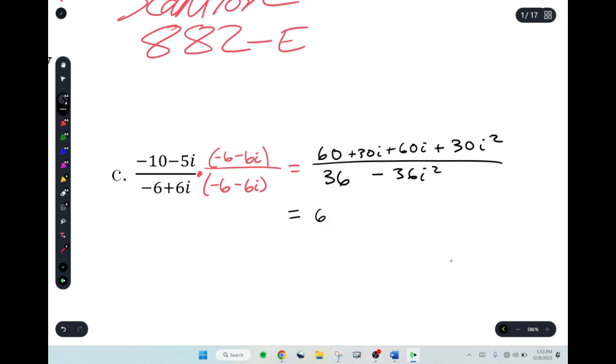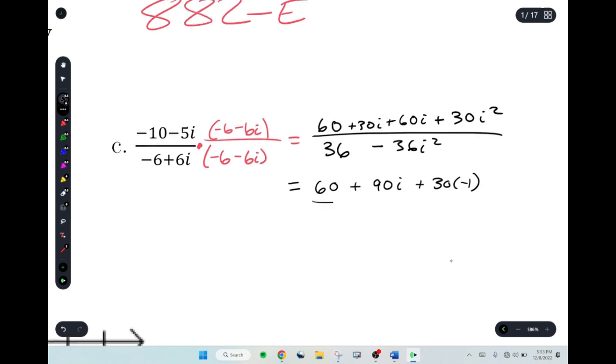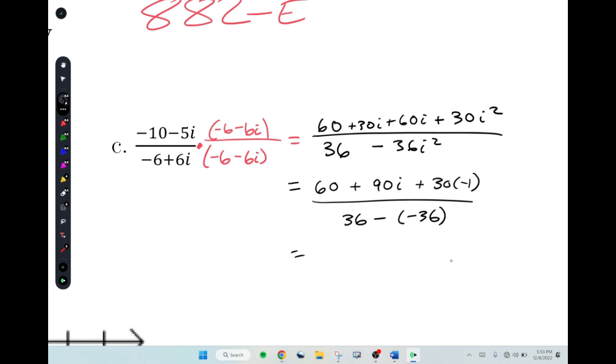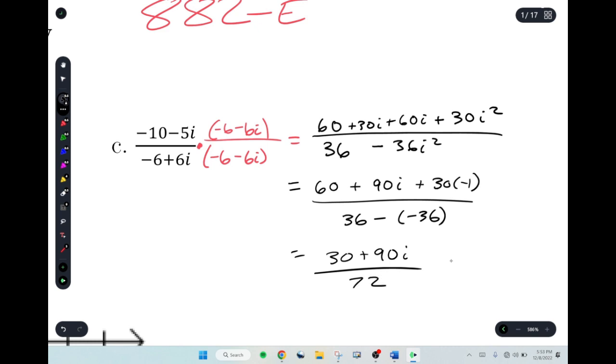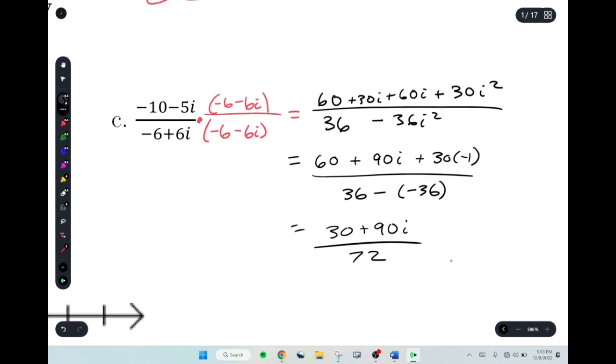Okay, so 60 plus 90i plus 30 times -1, over 36 minus -36. So that's 30 plus 90i over 72. I'll let you reduce that.